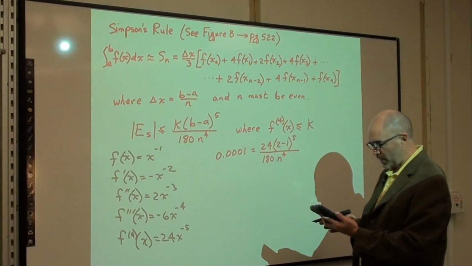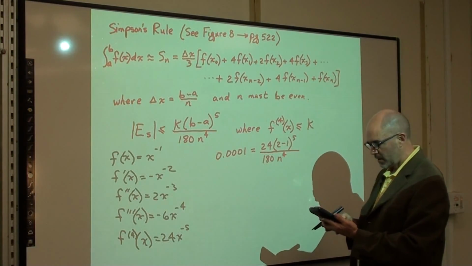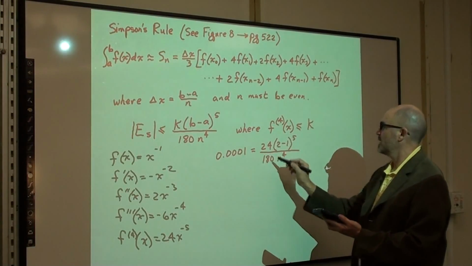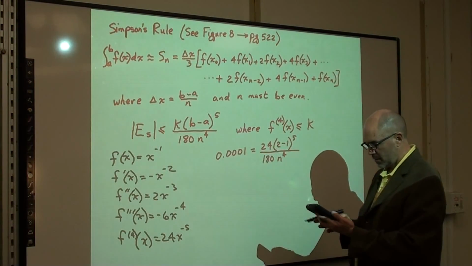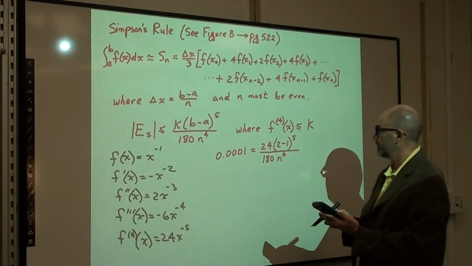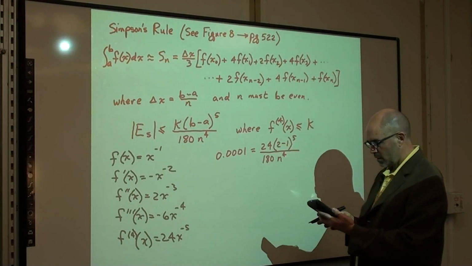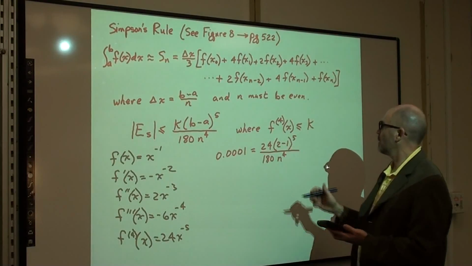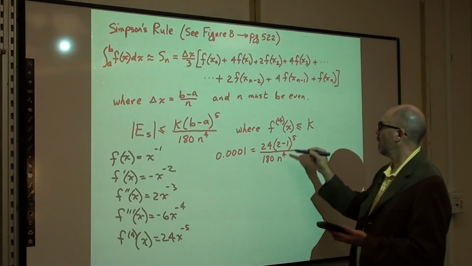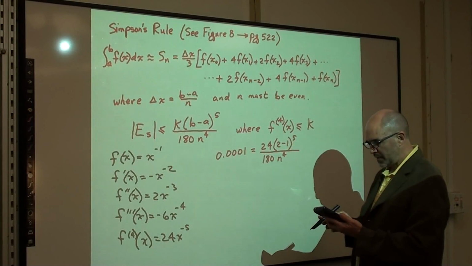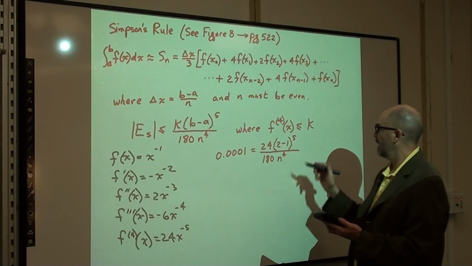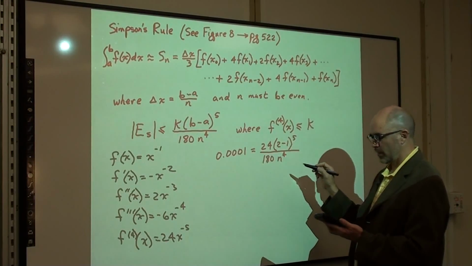So I punch in my 0.0001. Now I go times 180 then I divide by 24. So what I have left is 1 over n to the 4th. So I reciprocate that. Now I have n to the 4th.